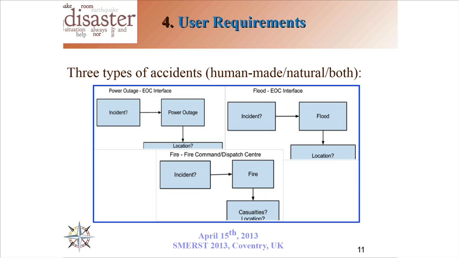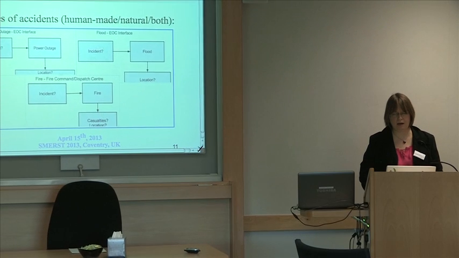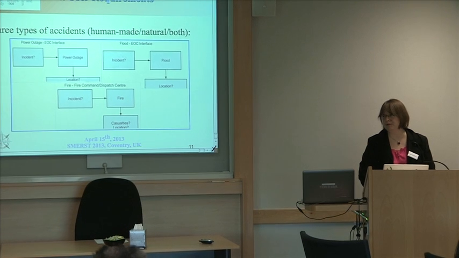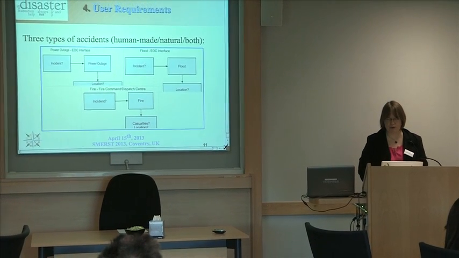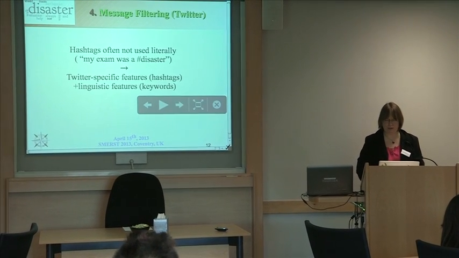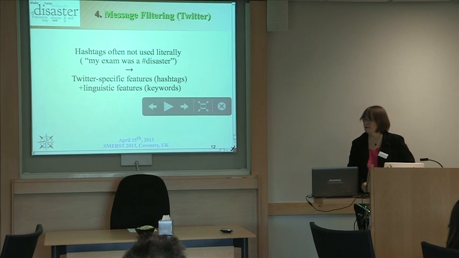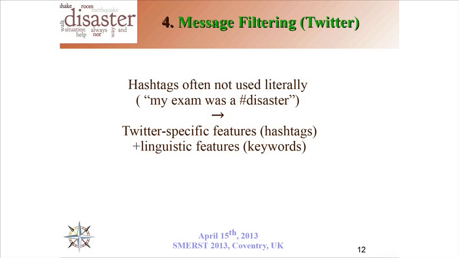Natural, like flood, and fires, which can be both human-made and natural, and the idea was to take different cases which reflect different origins, so to have accidents of different nature, to see whether our system in the future would be flexible enough to be adapted for all these types of accidents. About the message filtering.